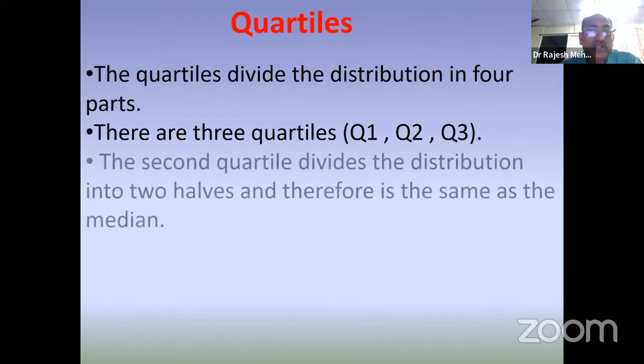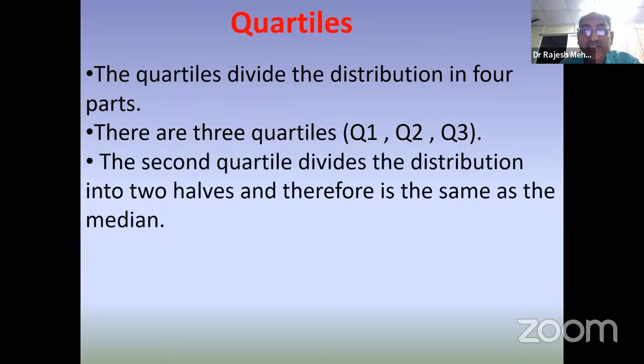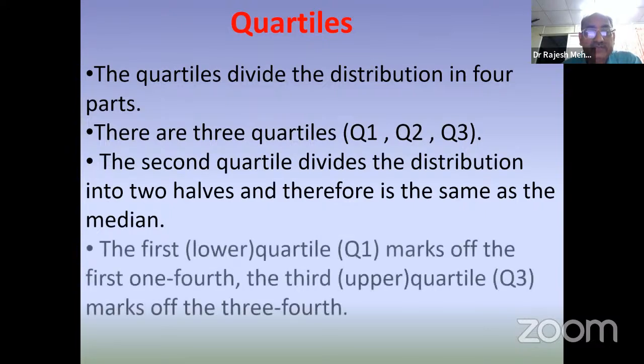The quartiles Q1, Q2, Q3: what is the distribution between Q1 and Q2 or Q2 and Q3? This is simple. Q1 is the 25th percentile, Q3 is the 75th percentile.